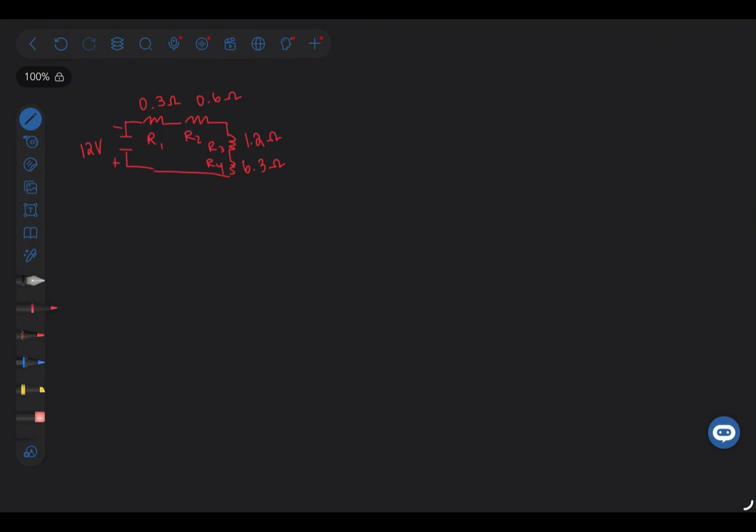Okay, and so we don't know what I, the current, is, so we're going to find that. We're going to take the formula again, and since we're finding I, we're going to divide both sides by R to isolate it. And this time, since there's more than one resistance, we're going to have to add them. So it's going to be I equals V over R1 plus R2 plus R3 plus R4.